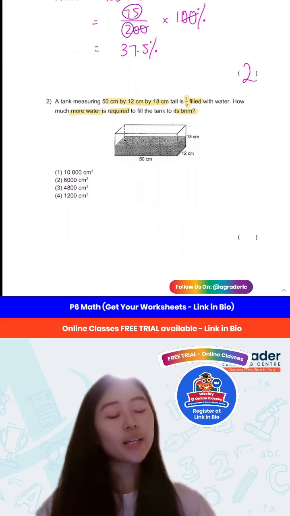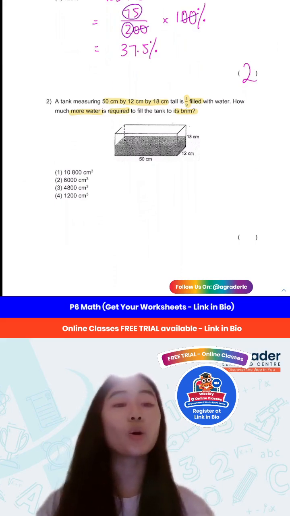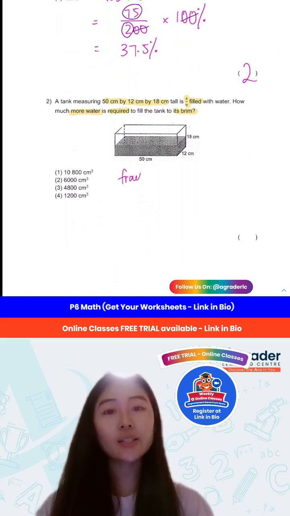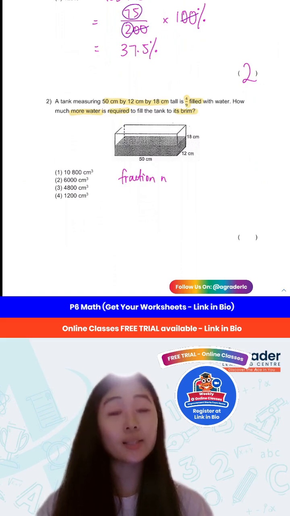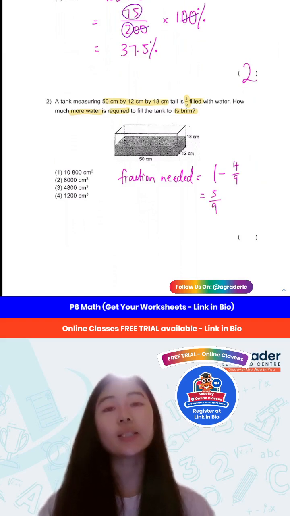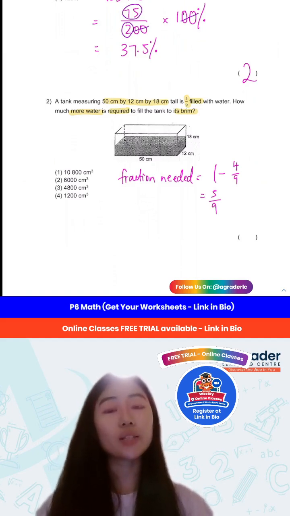So, you know that it is 4/9 filled. What fraction do you need in order for this to be full? That will be my first step. I will find the fraction that is needed. So I will use 1 whole minus 4/9. I get 5/9. So I need 5/9 in order for this tank to be full.